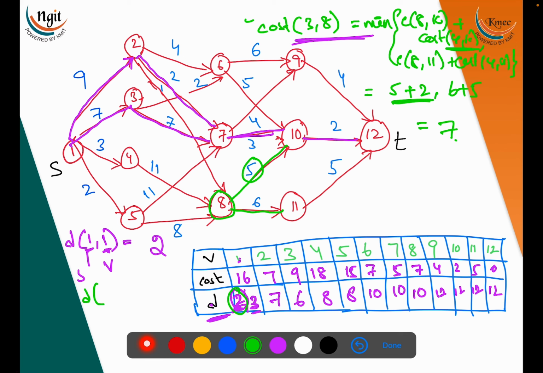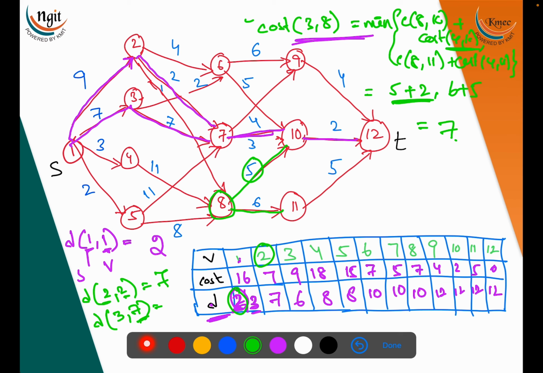Now d2 comma 2, stage number 2, vertex 2. In vertex 2, what is the d value? 7. Now the same, d3 comma 7, stage number 3, vertex number 7.